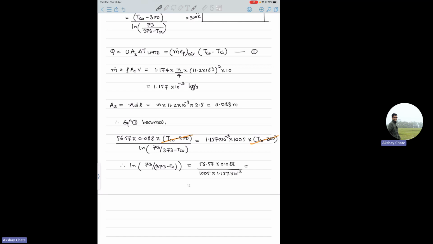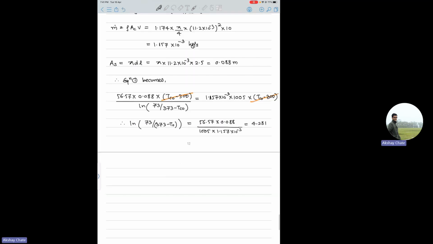So this ratio is 4.281. So e to the power 4.281. Therefore you have 73 by 373 minus TCO equal to 72.313.